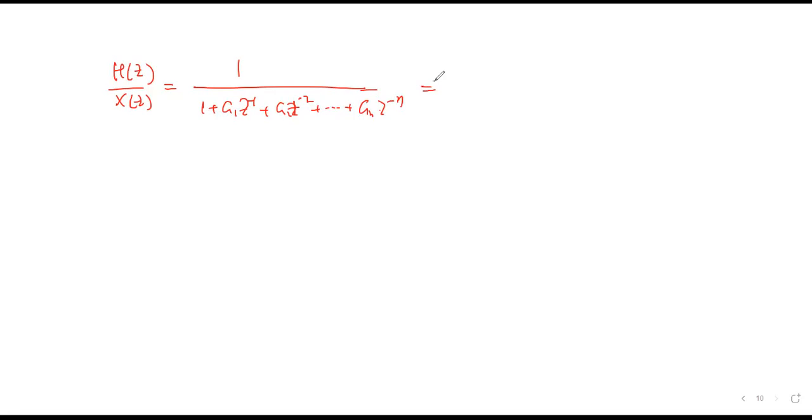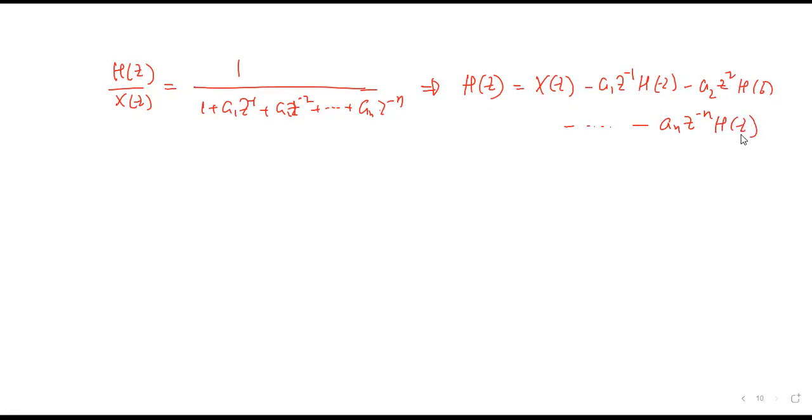So we can write it in this way: H(z), which is the output, will be equal to X(z) minus a1 z inverse H(z) minus a2 z to the power minus 2 H(z), going on up to minus an z to the power minus n H(z).